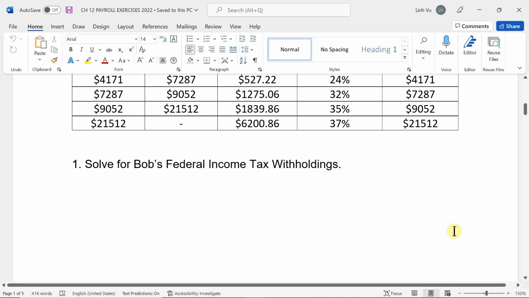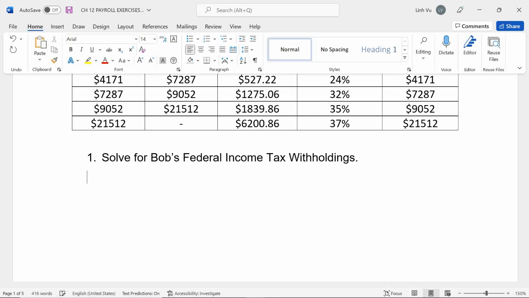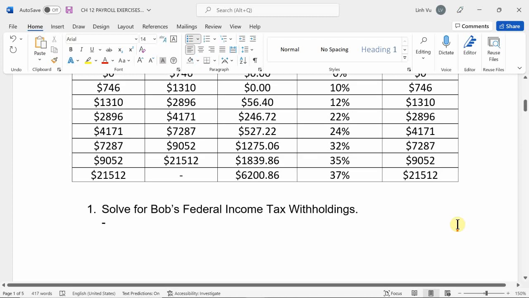So, what is step number 1 for Bob? How do you solve for federal income tax withholdings? We have to find out how often he gets paid. Yes.